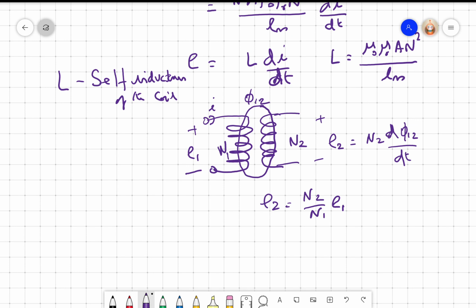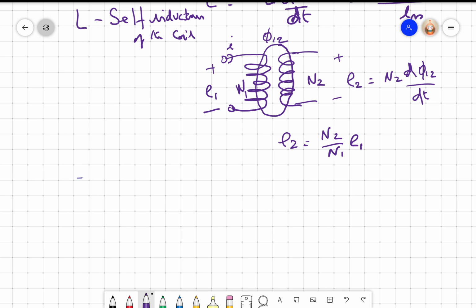Okay. So let us now take the simple inductance. Let it be L1. L1 is equal to mu naught mu R A N1 square by Lm. Okay, so the thing is, I can vary the area, I can vary mu r, I can vary Lm, and hence get an output.